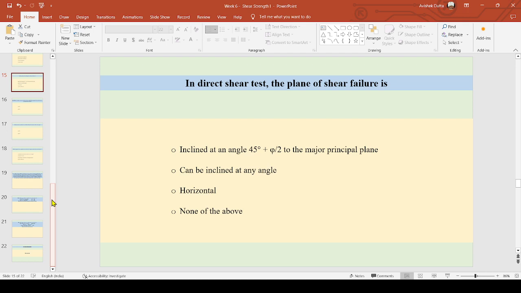Option 2, can be inclined at any angle. Option 3, horizontal. Option 4, none of the above.